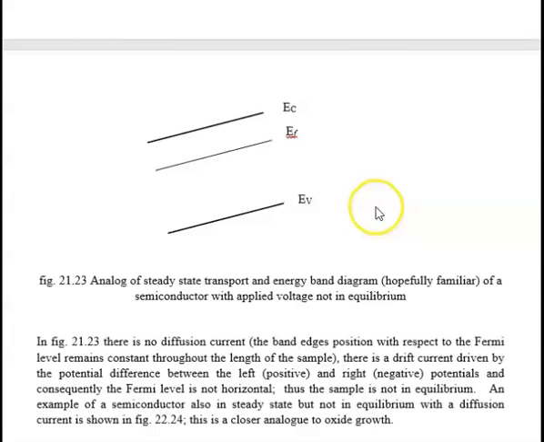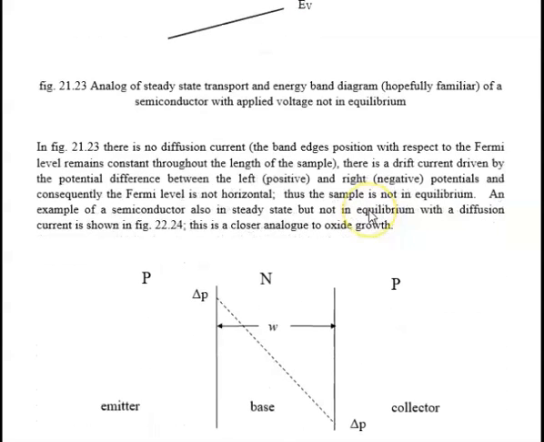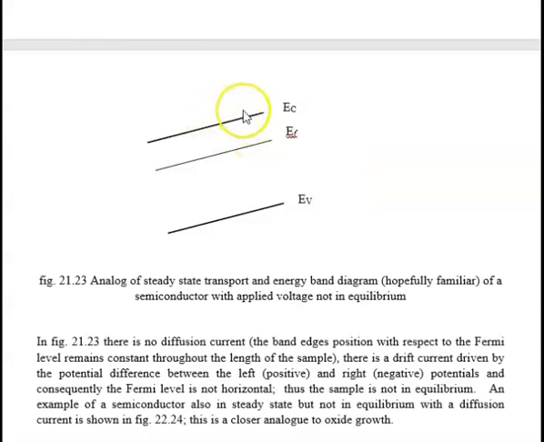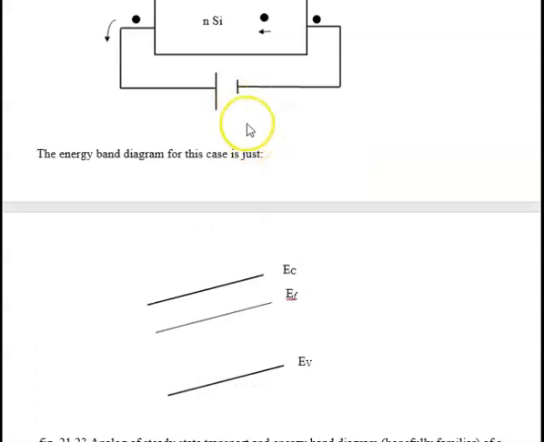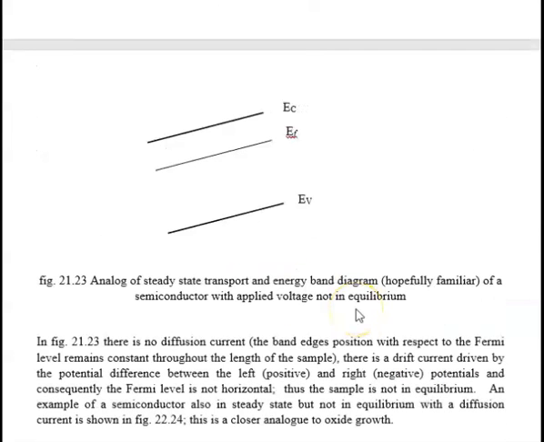Now we look at another case where there is diffusion current. Here there is only drift current. There is no diffusion current. And we know there's no diffusion current because the Fermi level position with respect to the band edges doesn't change. So the concentrations at the left end are equal to the concentrations on the right end.